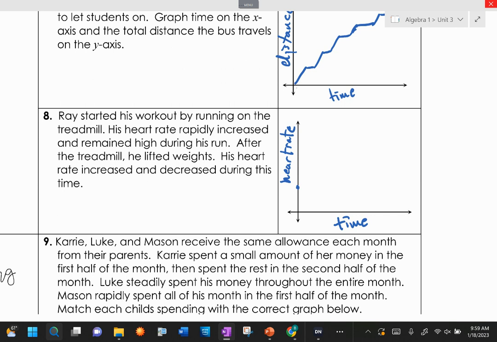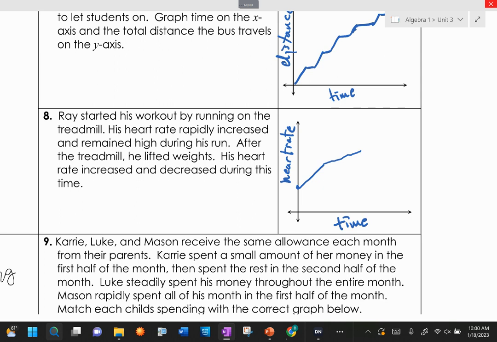So yeah, we can start about up here. He started at a healthy, we'll say 70. Okay, it's going to climb, and then climb maybe slightly more. Rapidly increased. Then after the treadmill workout, he hopped off, started lifting weights.